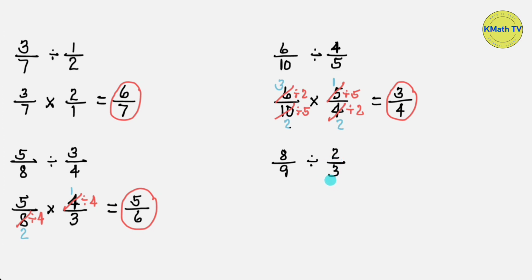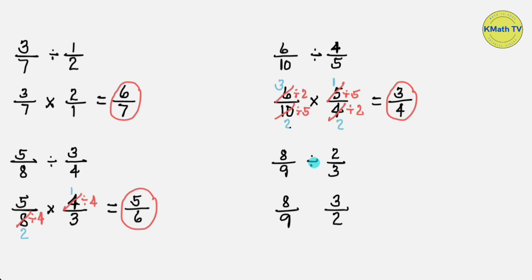Okay, let's answer. Copy the dividend, 8/9. Next, get the reciprocal of the divisor. Just flip it to get the reciprocal. So, the reciprocal of 2/3 is 3/2.